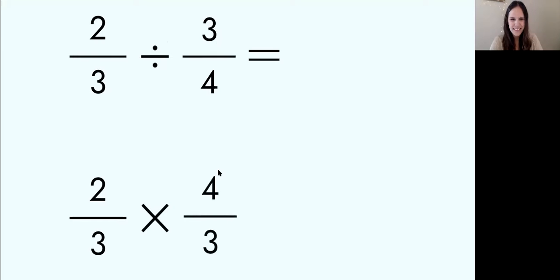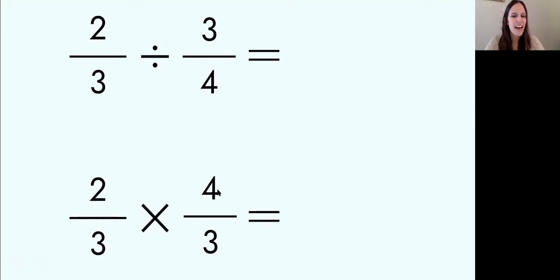So 2/3 times 4/3, right? Because the denominator moved up to the numerator and the numerator moved down to the denominator. Equals, and now we're just going to solve this like we would any other fraction multiplication problem.